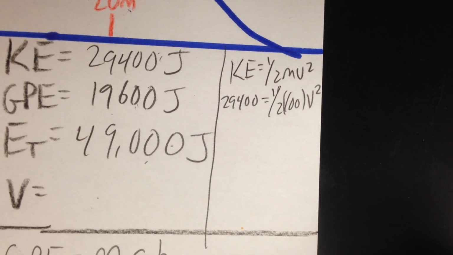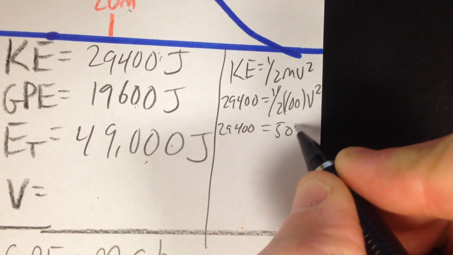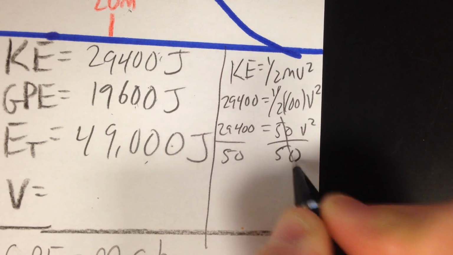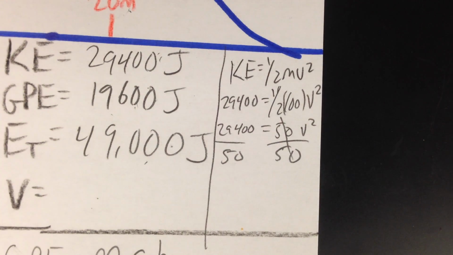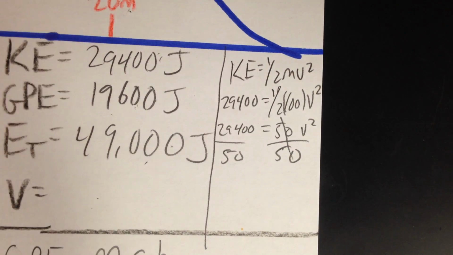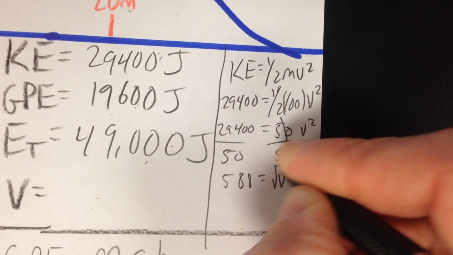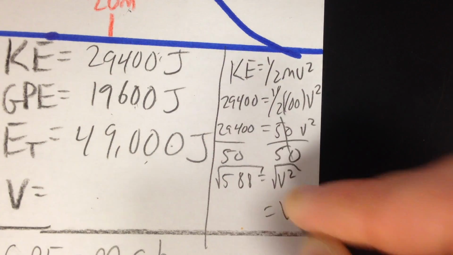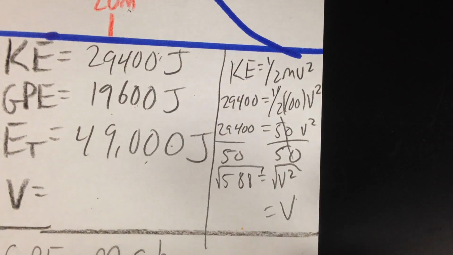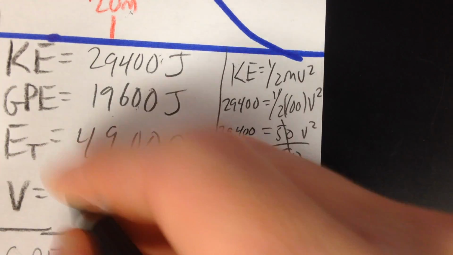There you go. Half of 100 is 50. And now we could get our velocity. 29,400 divided by 50. Do it on your own calculator. 588. Now we're not done. Remember, we always need to take the square root of both sides before we find our velocity. So that would make your velocity 24.25 meters per second.